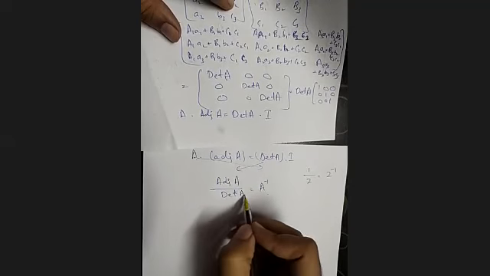Okay, so similarly 1 by A can be written as A inverse. So adjoint A by det A is equal to A inverse. Okay.